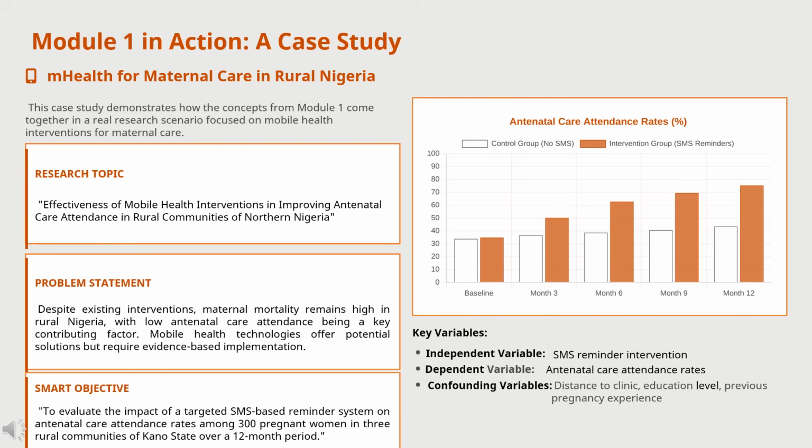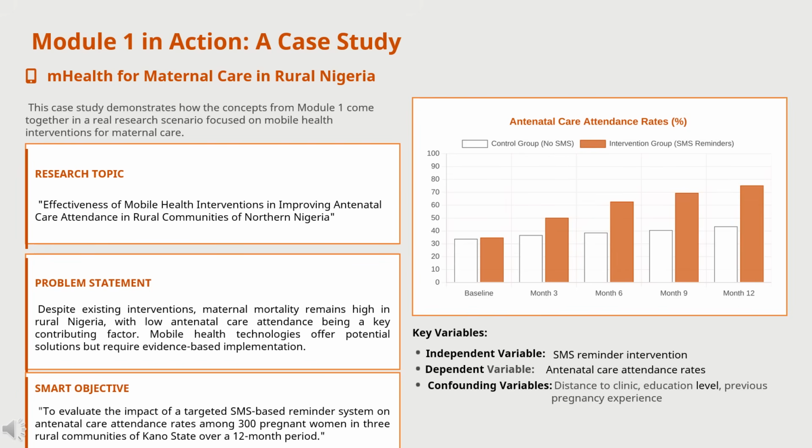Our research question might explore the effectiveness of mHealth reminders on antenatal care attendance. Does antenatal care attendance improve with SMS reminder intervention? That could be a good research question.